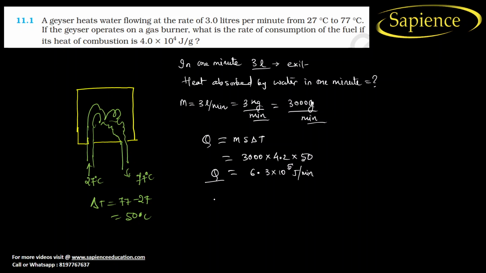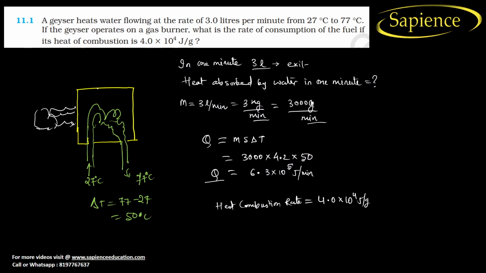And they have also given that the heat of combustion is 4.0 into 10 to the power 4 joule per gram. Now we need to find the rate of consumption of the fuel. So you know that there is a fuel, and by the help of fuel it can heat the water.